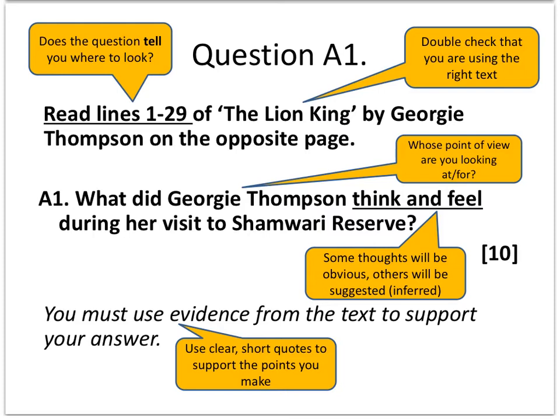You'll also note that this is a 10-mark question, and remember that I said on the previous slide that you should be spending 15 minutes on a 10-mark question. And it also indicates in italics that you must use evidence from the text to support your answer. Make sure that you're using clear, short quotations to support the points that you make.